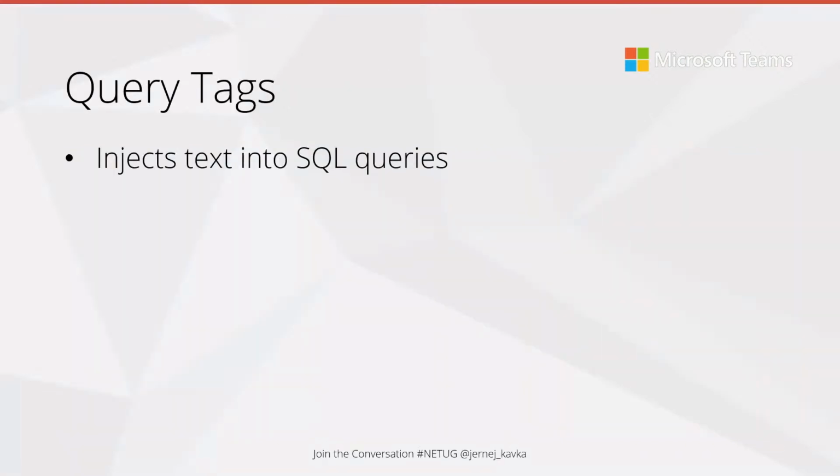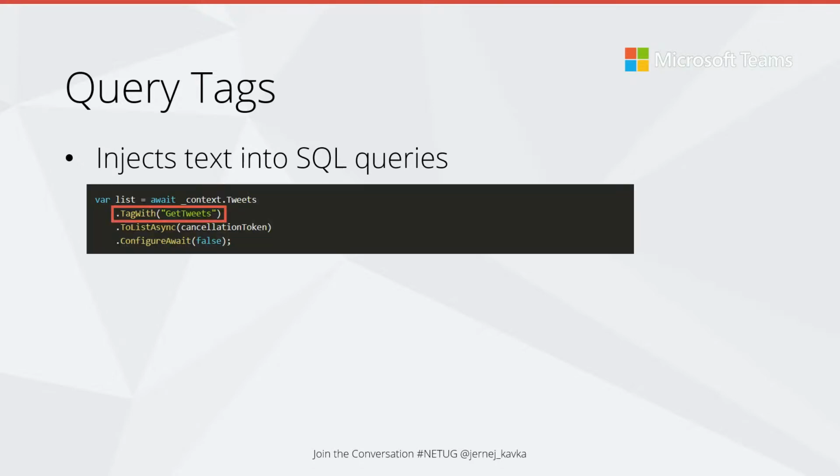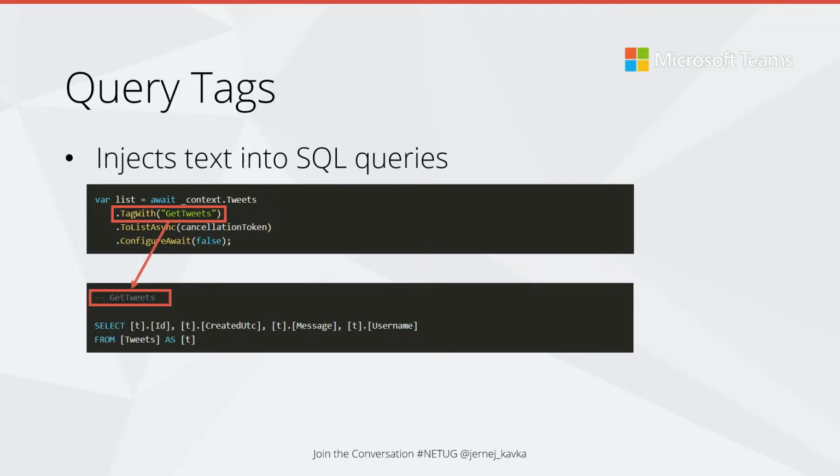And this is where query tags actually come in. What it does is inject text into actual SQL queries. So for instance, if in the code we add a tag with, in the actual log, in the actual query, we get this tag.